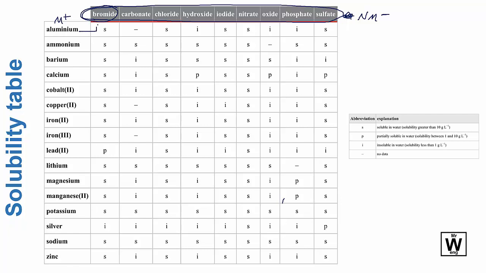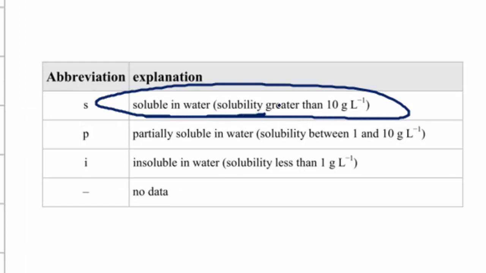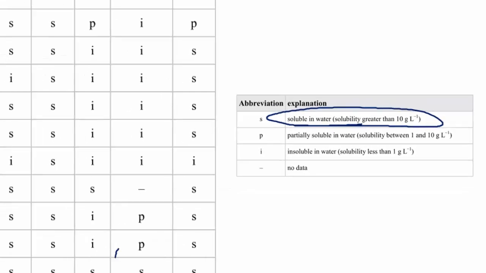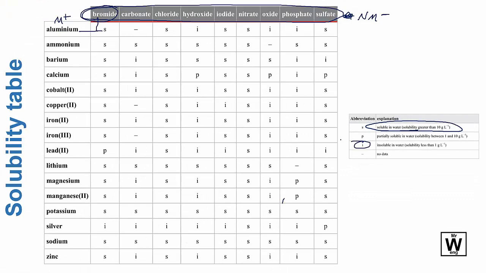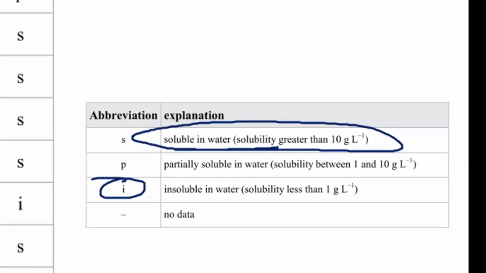So aluminium bromide is S for soluble, and the definition of that is you can dissolve more than 10 grams per litre, whereas something that is I, insoluble, such as famously barium salts, so barium sulfate is insoluble, you won't be able to get any more than 1 gram per litre.